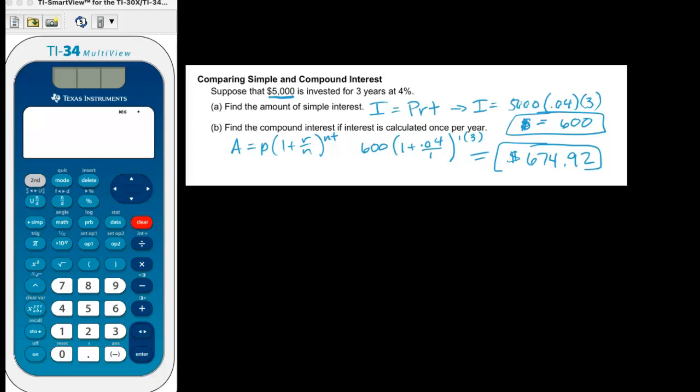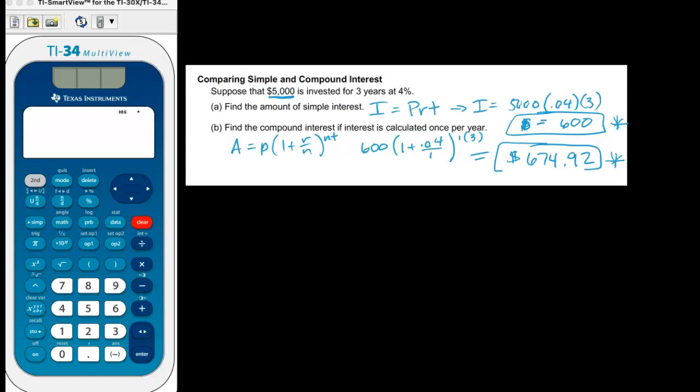We took the same percentage rate and looked at how much simple interest was earned and then compound interest. Using the simple interest formula, we found that $600 was earned in interest if that 4% was simple interest. And if that 4% was compound interest, compounded once per year, $674.92 was earned. So you can see that 4% simple interest is not the same as 4% compounded interest.